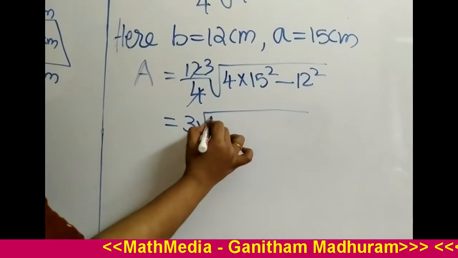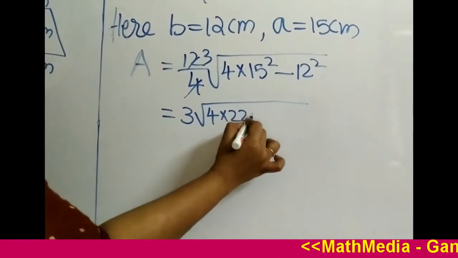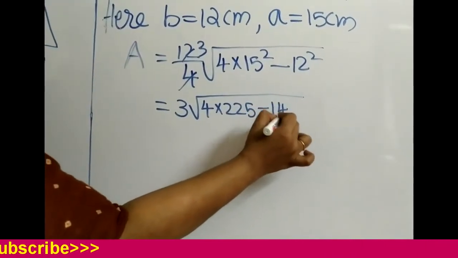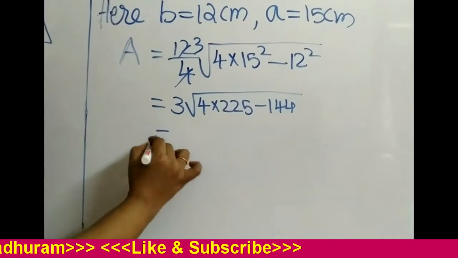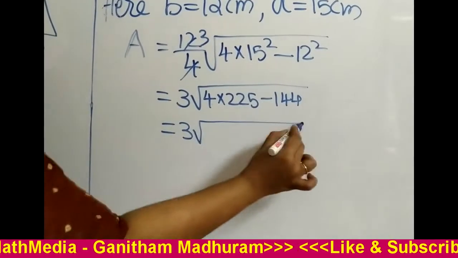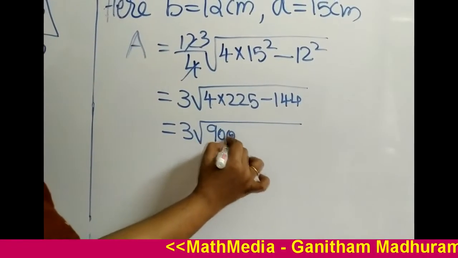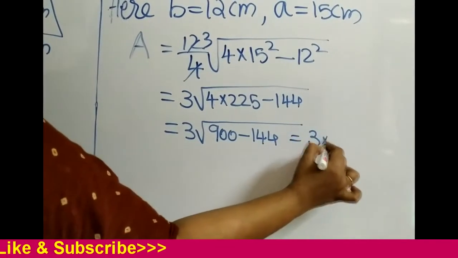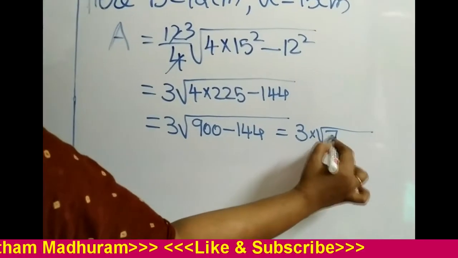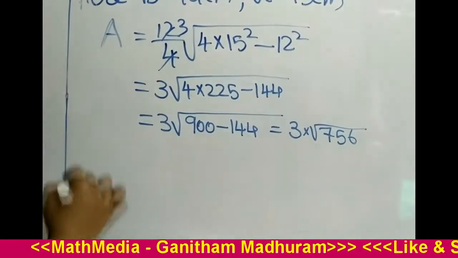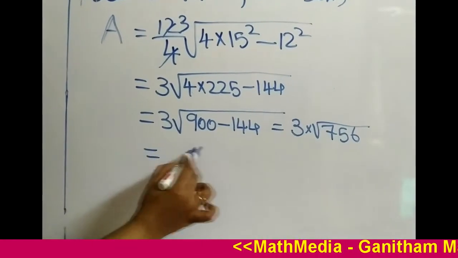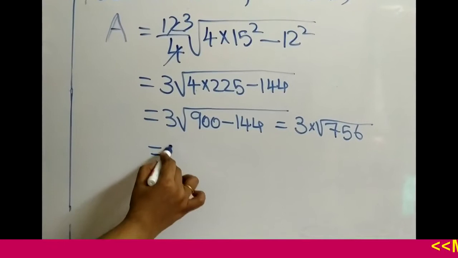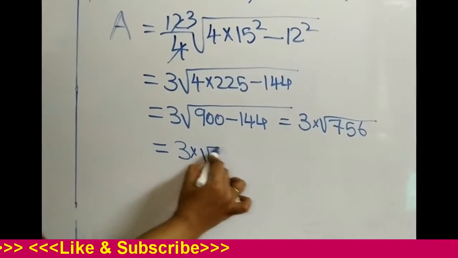That is equal to 3 into square root of 900 minus 144, equal to 3 into square root of 756. Now you can do the prime factorization of 756. So we get 3 into, under the square root, 2 into 2 into 3 into 3 into 3 into 7.